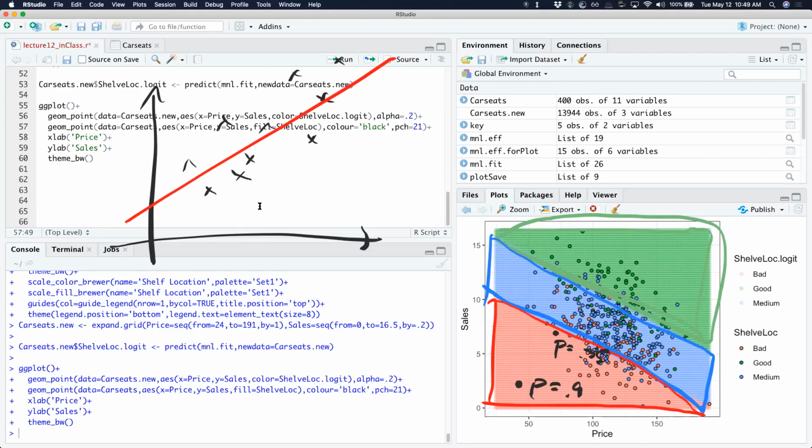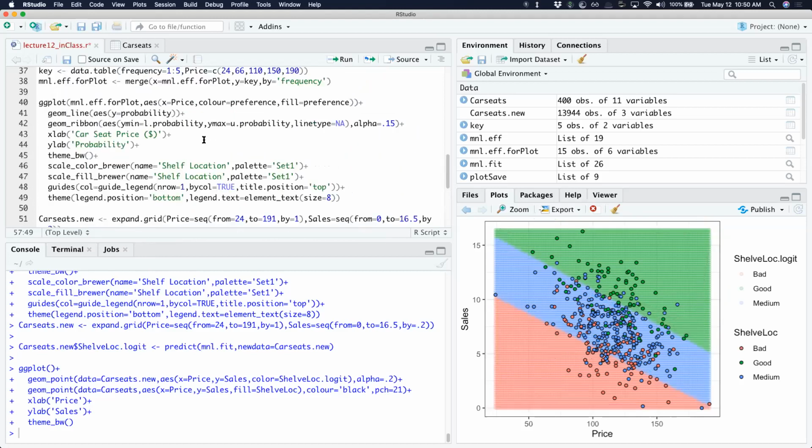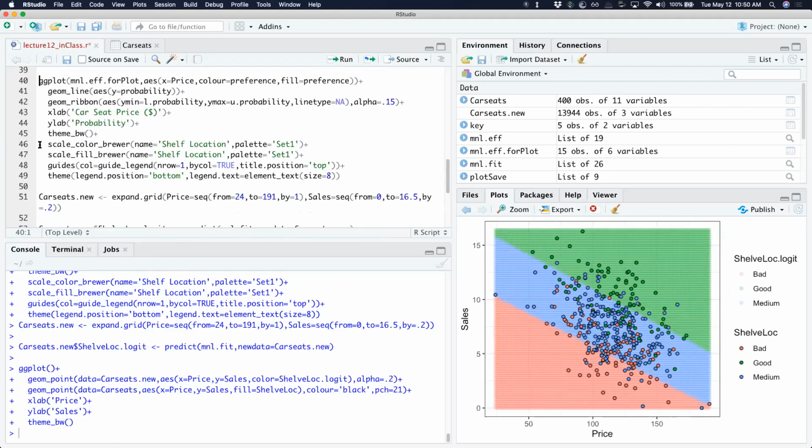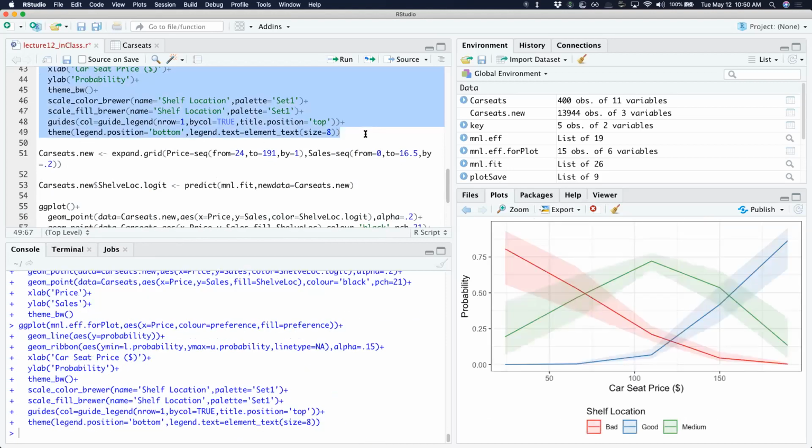Yeah, so that is one of the things that you're not going to be able to tell from this particular plot. But if you look at the last plot, you would be able to tell. So if I showed this one again, here we can actually see the probability. Okay, that makes sense. Thank you.